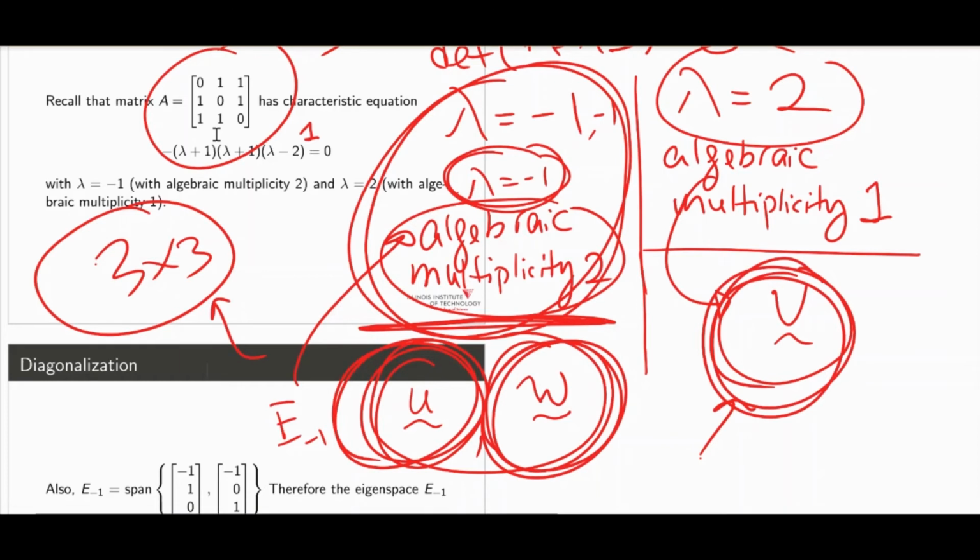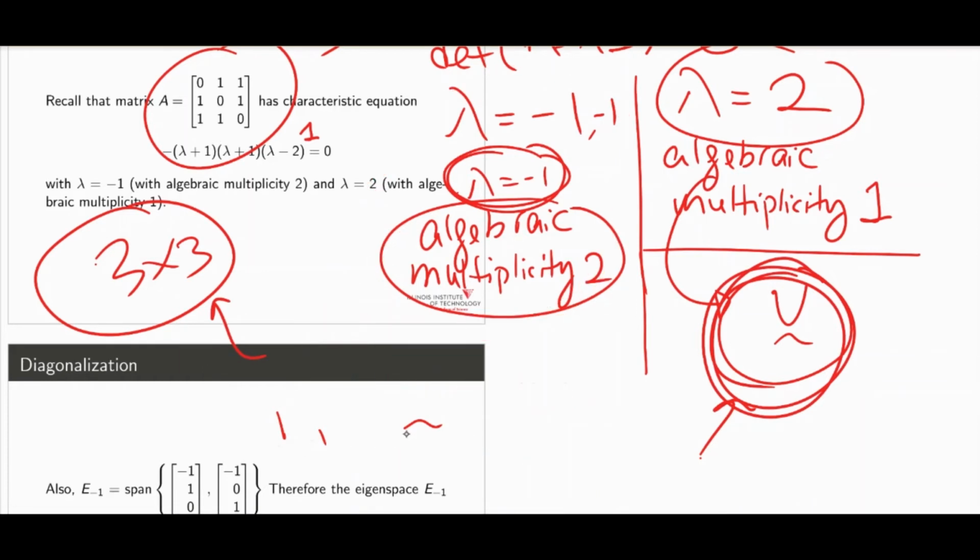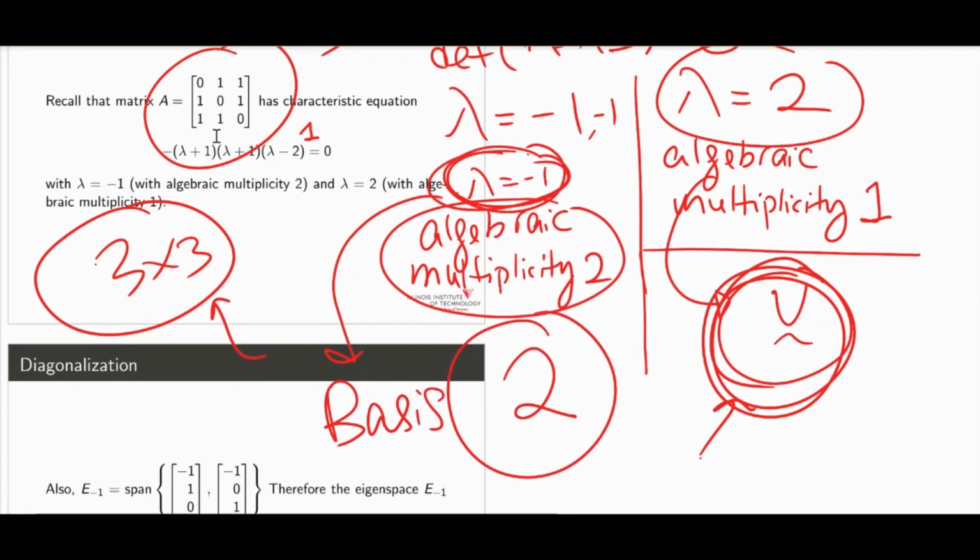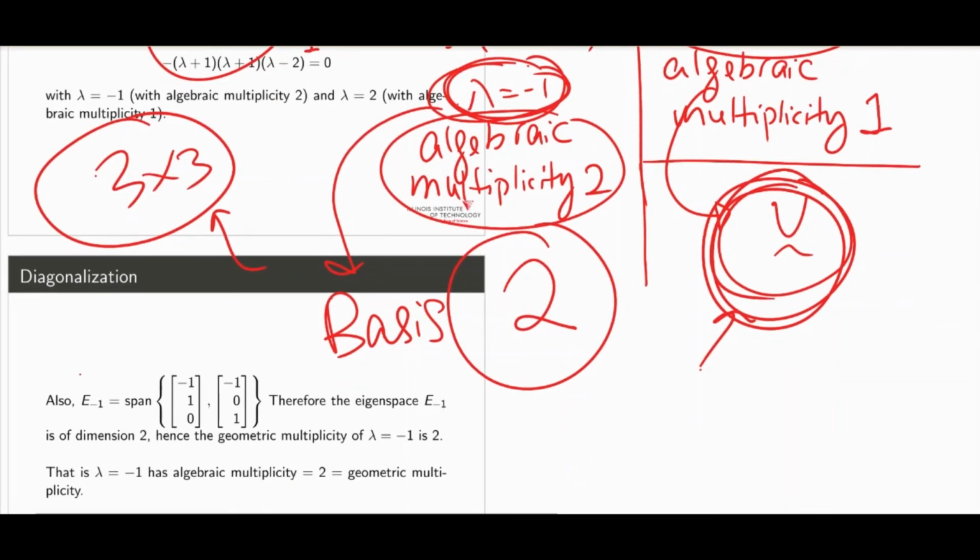So the question now is, when you compute the eigenspace for this eigenvalue, does the basis for this eigenspace consist of 2 linearly independent eigenvectors or just 1? Let's do that computation now. If you do the computations, which we have from before, you will see that for E_-1, the eigenspace for lambda equals -1, we managed to find 2 linearly independent eigenvectors to make up the basis for this eigenspace.